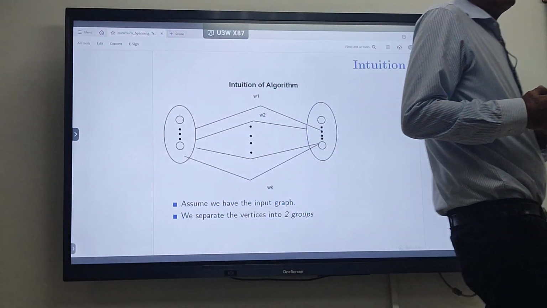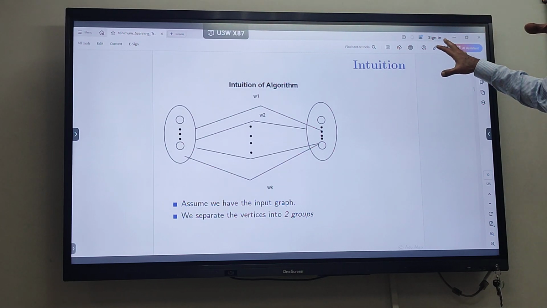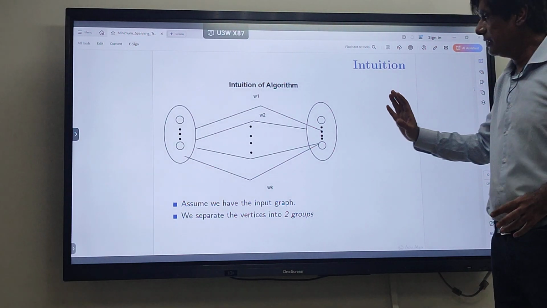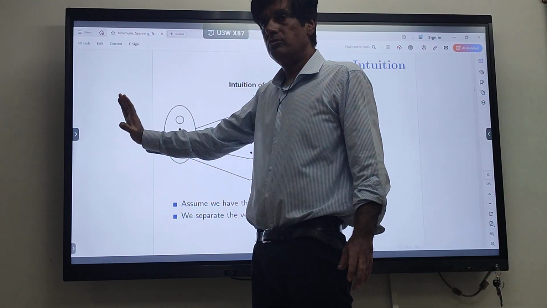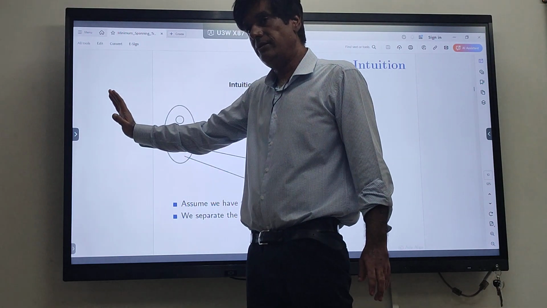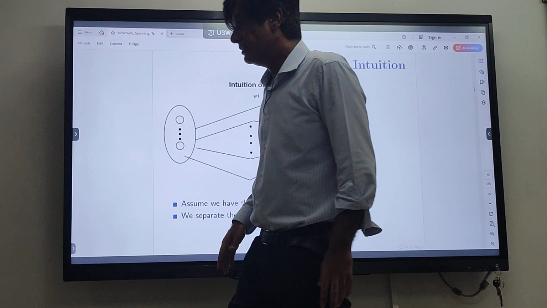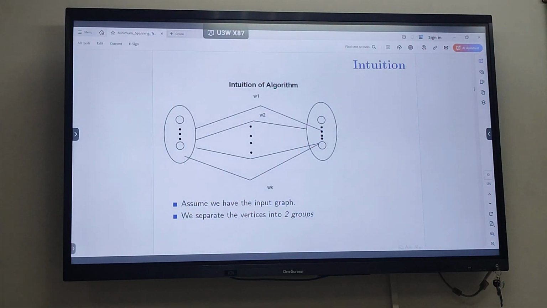Suppose we have an input graph, imagine any graph, okay? And we divide the vertices into two groups. So some vertices come here, and there are some other edges that connect the vertices inside this group.